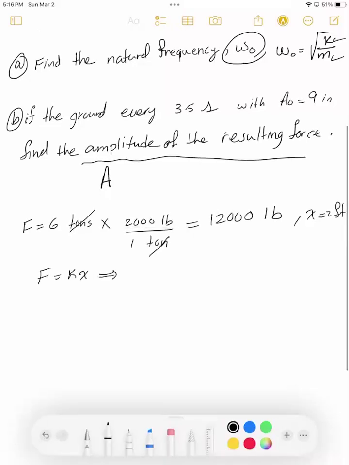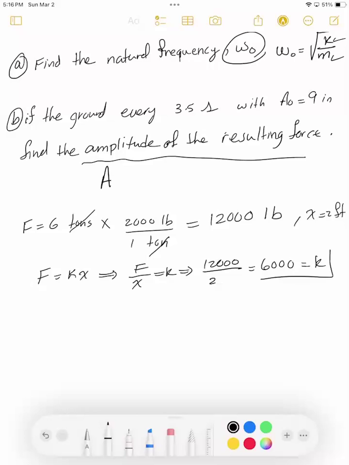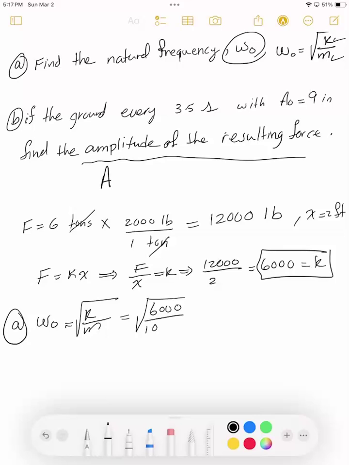So then F over X is equal to K. And F is 12,000 divided by 2 feet. That gives us 6,000, which is equal to K. So then omega naught, which is part A, is equal to the square root of K over M, and K is 6,000 over mass 1,000, the square root of 6.